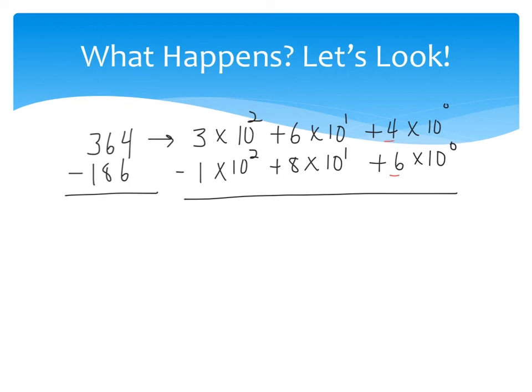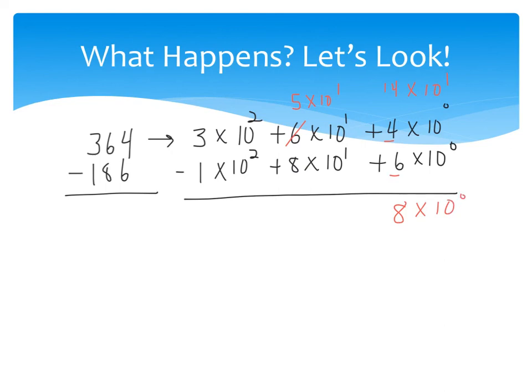So I'm going to borrow from the next position over, and I'm going to take one of those 10s and give it to the 4. So now I've got 14 times 10 to the first that's sitting there. And now I can go ahead and do that subtraction. So I end up with 8 times 10 to the 0.